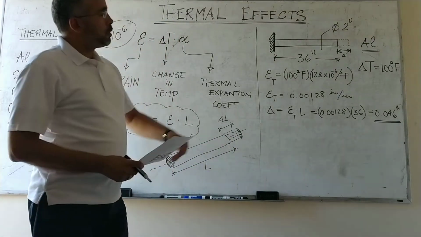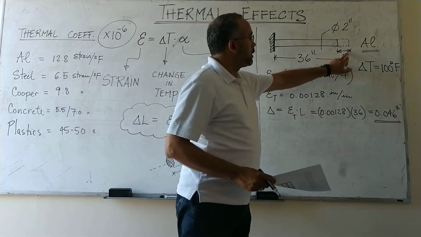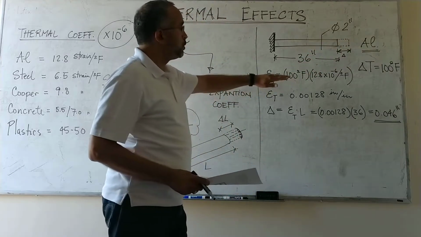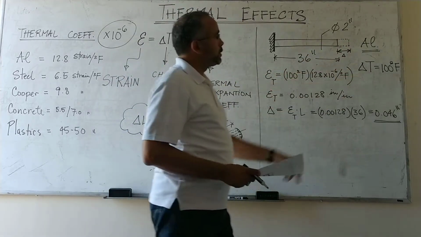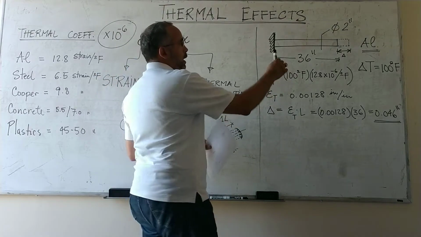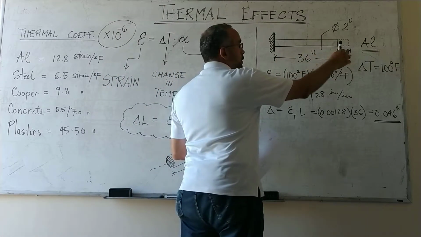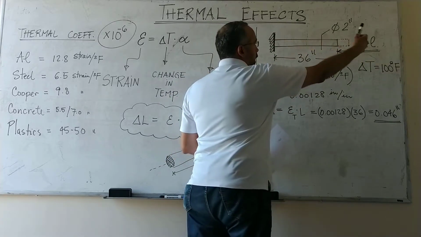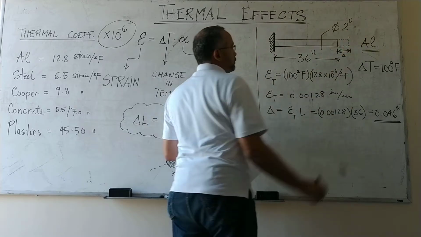So that is the total elongation that this bar is going to experience at that end due to a change of temperature of 100 degrees. Clearly that occurs uniformly throughout the length, so it's all elongating up to this point, right?